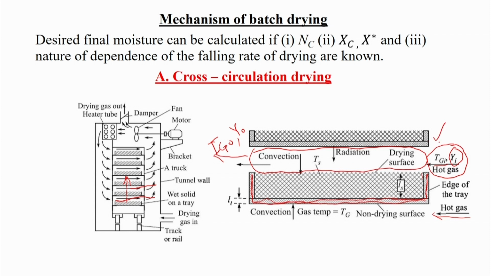During the flow of hot gas, another tray is placed above this tray, so radiation takes place from there. So heat transfer takes place due to conduction, convection, and radiation from the other tray placed just above the tray under consideration.